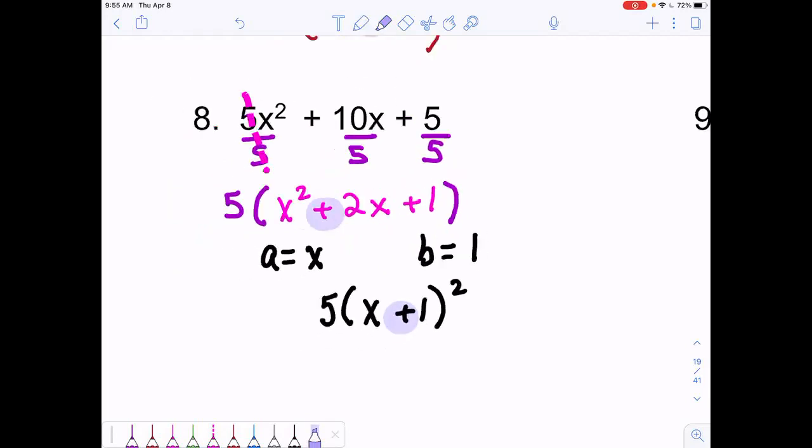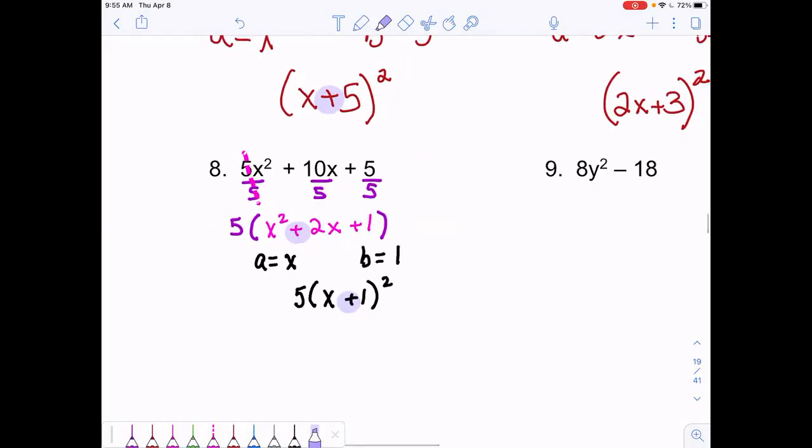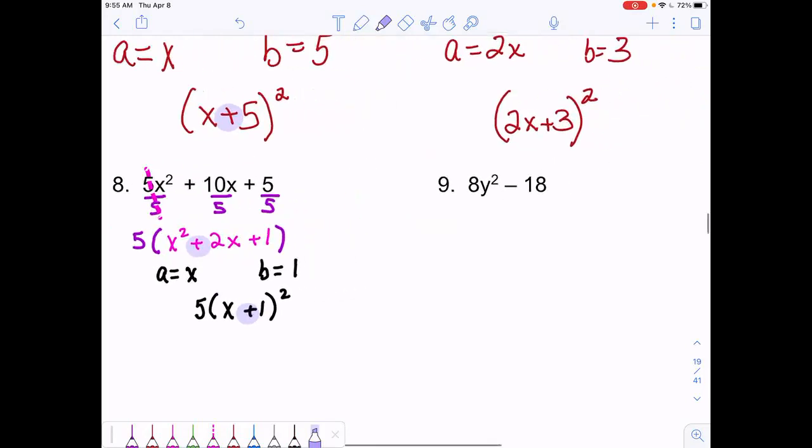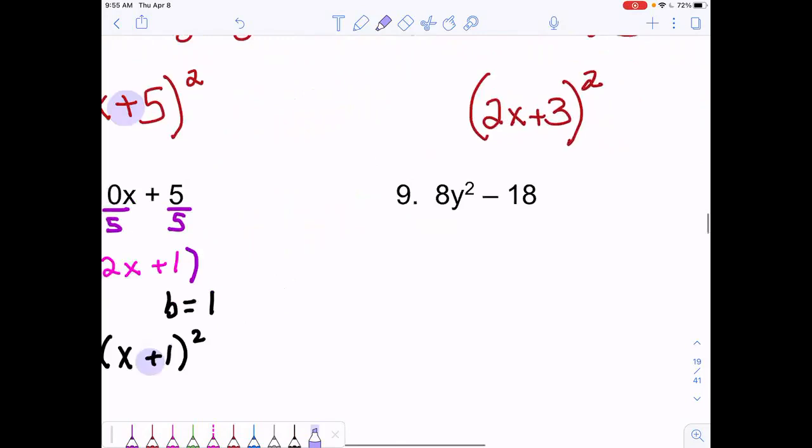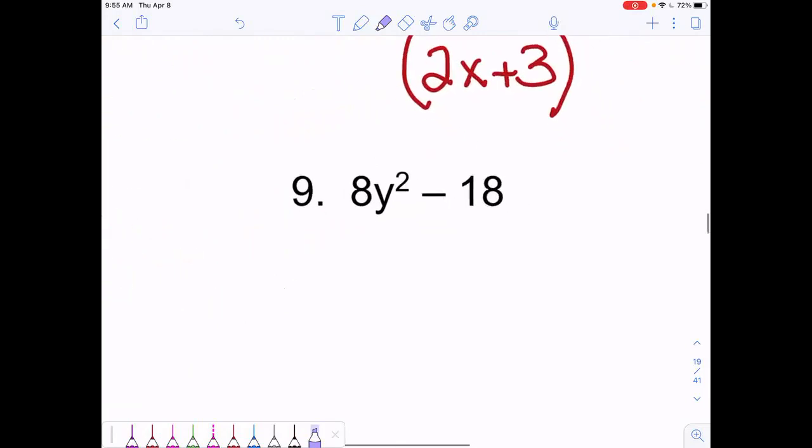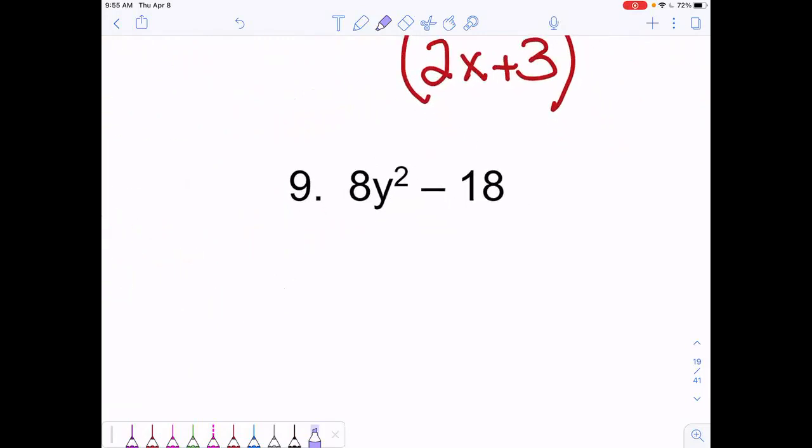All right, number 9 is the one that's different than all of the others because there are only 2 terms. The first question, is there a GCF? TJ, 8 and 18, is there a GCF?